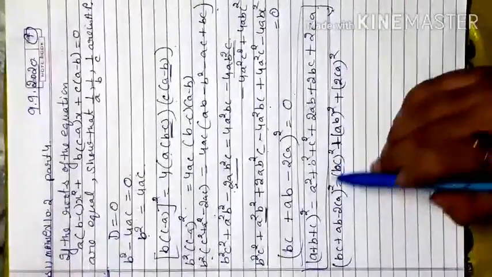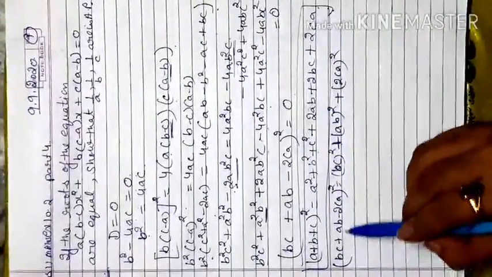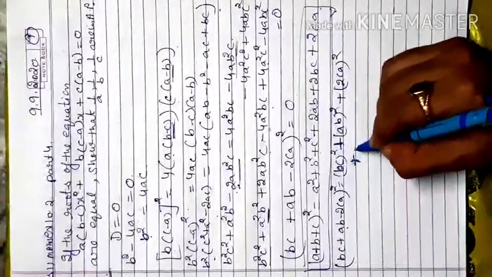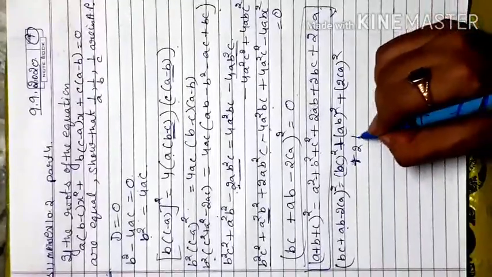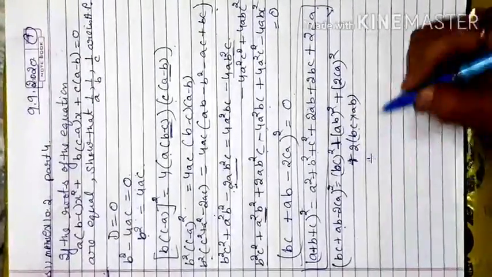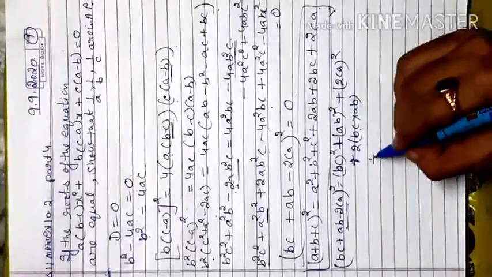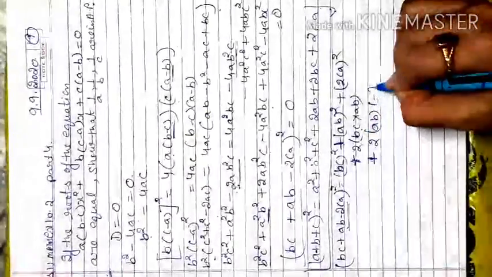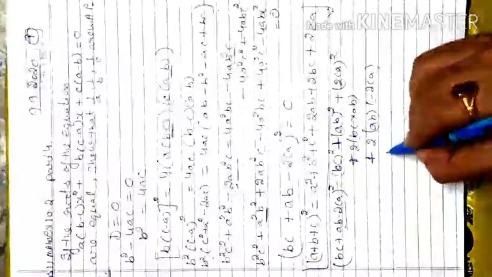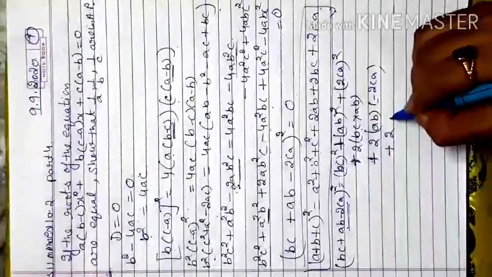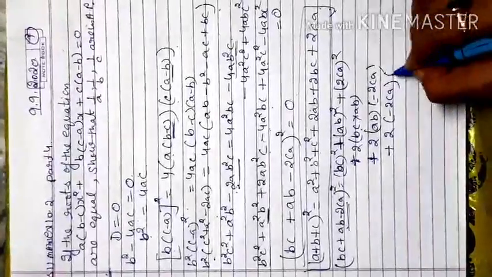Now after that, when three terms square is there, next is a and b. A, b will be multiplied, first term and second term, 2 times bc into ab, okay, plus 2 times ab into minus 2ca, then again plus 2 times third term and first term, that is minus 2ca then bc.